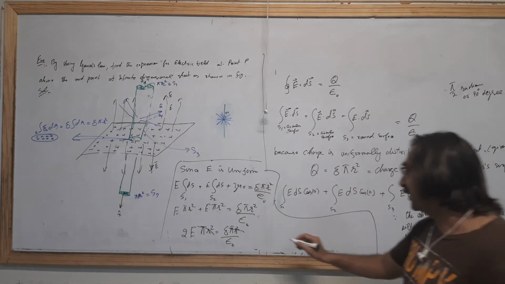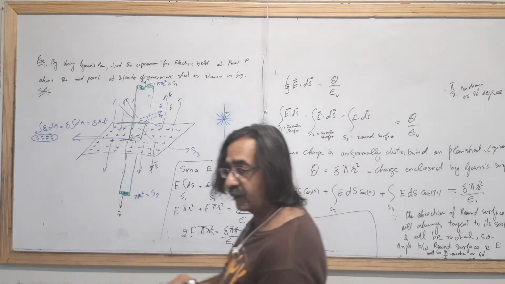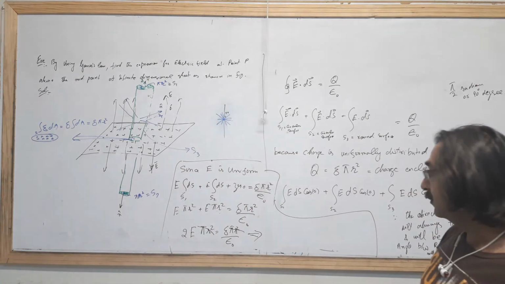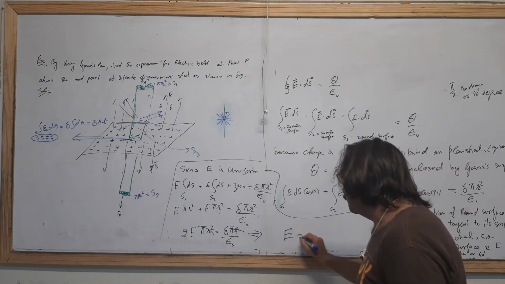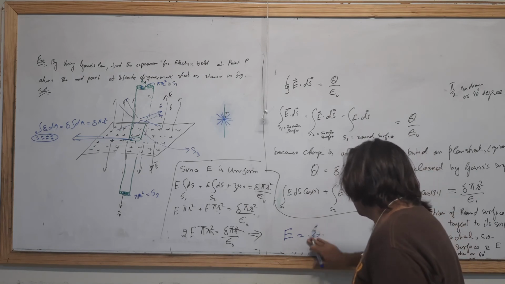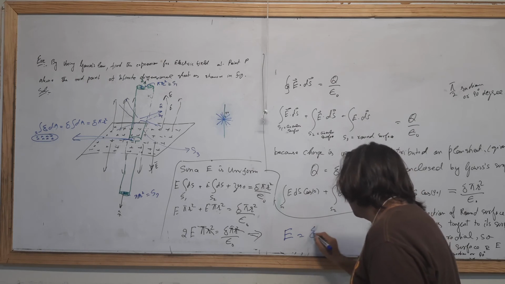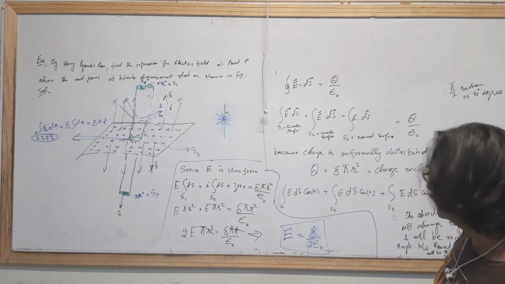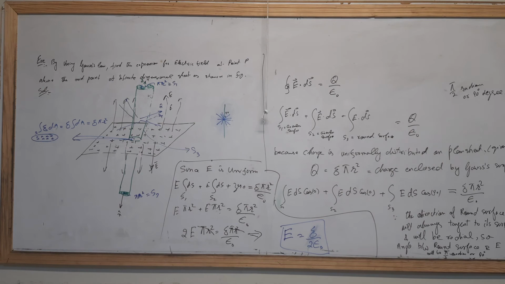This implies that E will be equal to sigma over 2 epsilon naught. I think this result is the same as we got by a lengthy calculation, but by using this law we have done it in very few steps. This is the result.